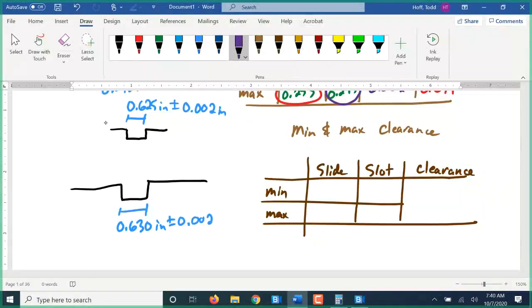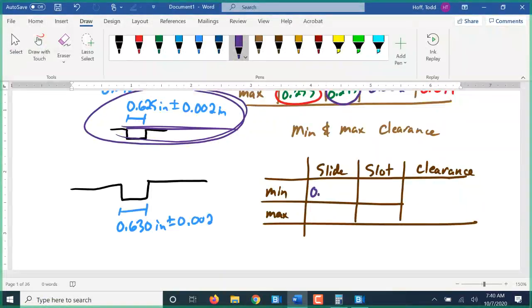So as we look at this one, for the slide up here, what is the minimum width of that slide? 0.623. Very good.